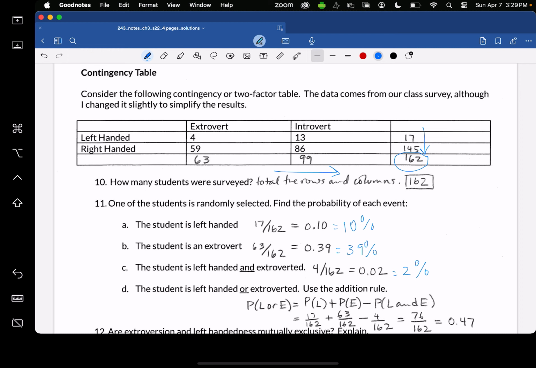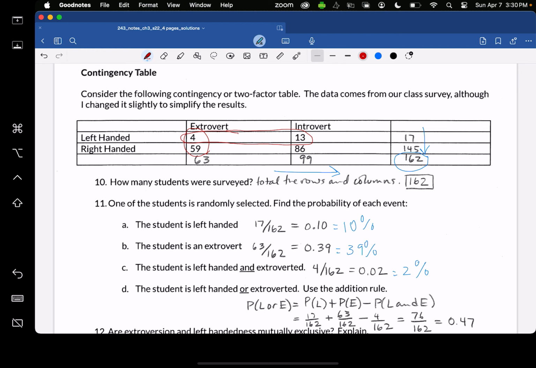Okay, now the student is left-handed or extroverted. This is the trickiest one to get out of the contingency table. So we need all the left-handed students, which I'm going to circle, and we also are going to include all of the extroverted students.